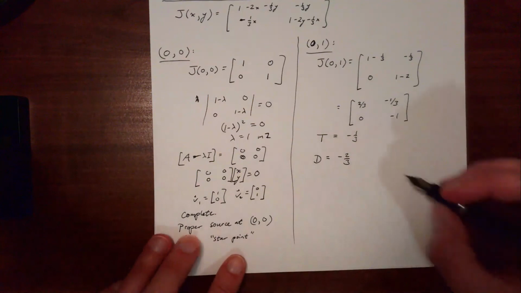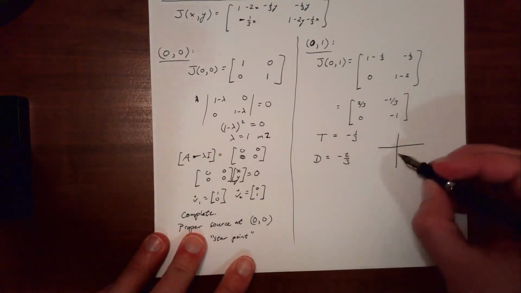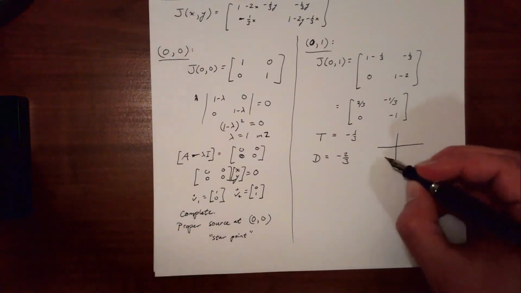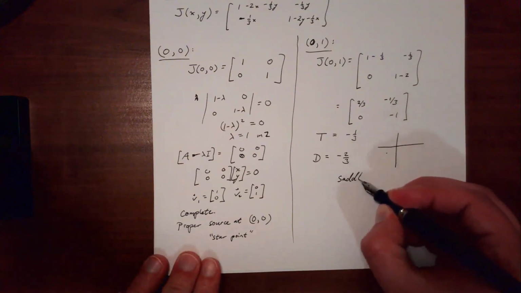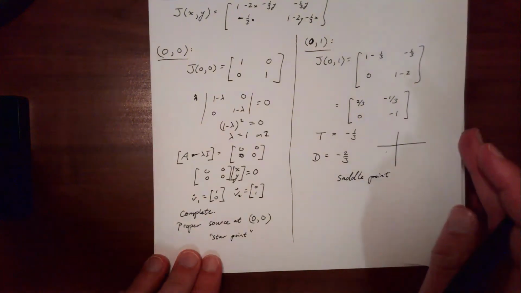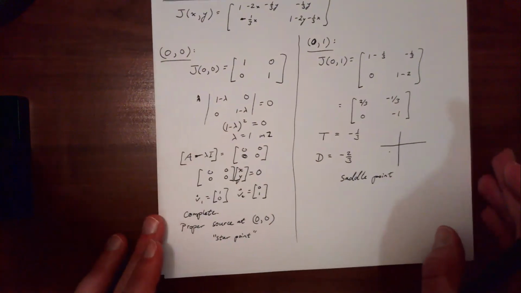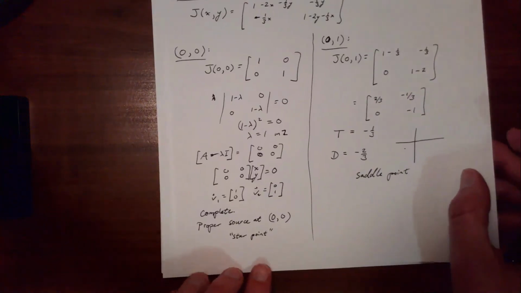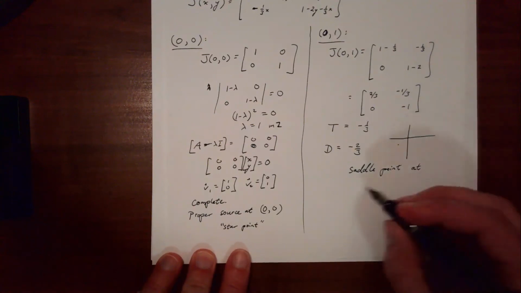So we're talking about negative trace and negative determinant, and that's going to lead us into a saddle point. Basically, just a negative determinant in general is going to lead to a saddle point because it means that the two eigenvalues must have opposite signs.